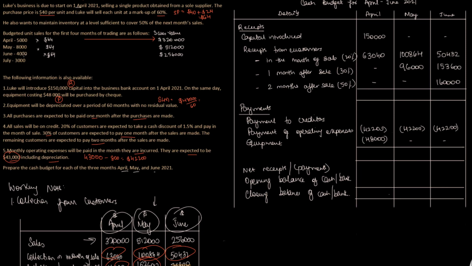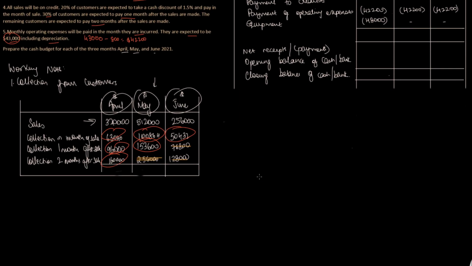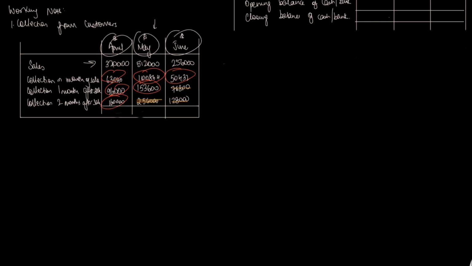In the purchase budget part, we've seen that when preparing the purchase budget, you can calculate your purchases by starting with your sales, adding the closing inventory and subtracting the opening inventory. So we are going to do exactly that. Coming down, let's prepare our second working note. Calculation of purchases.